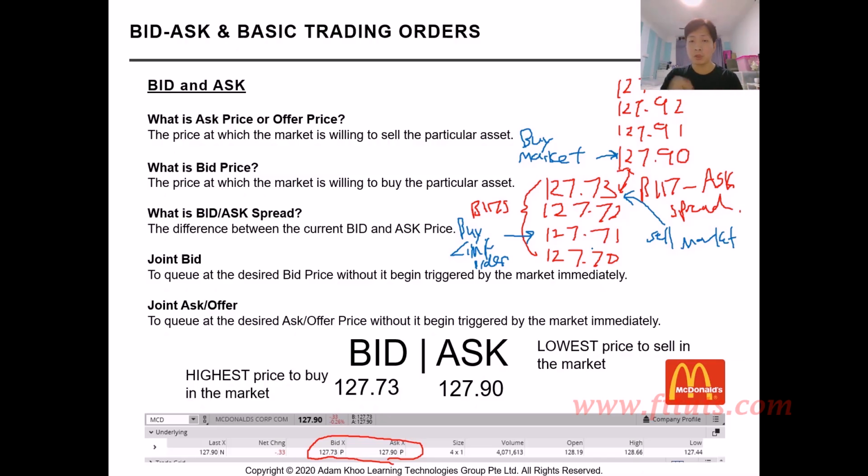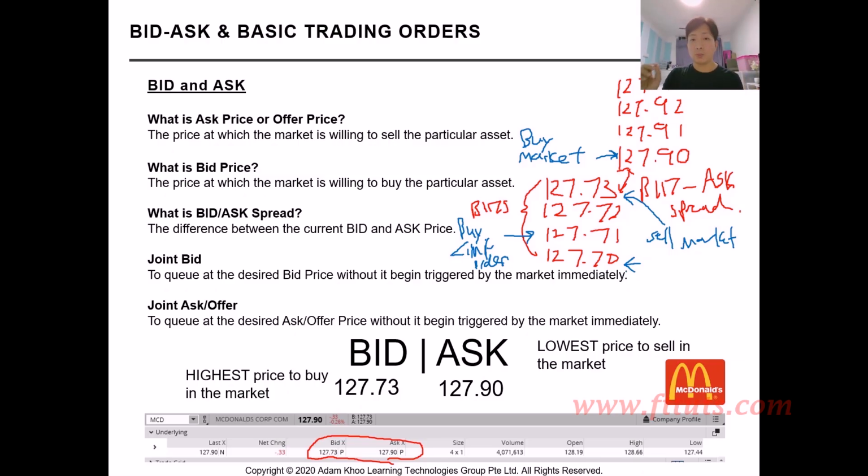Understand? So for example, if today you put a buy limit order and the market gaps down. For example, you trade stocks, you put a GTC buy limit order. GTC means good till cancel, means the order will be there forever. And if today the market gaps down, let's say to 127.70, and your buy limit order is at 127.71, where do you think you will get filled?